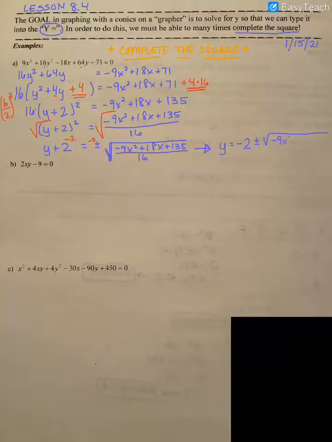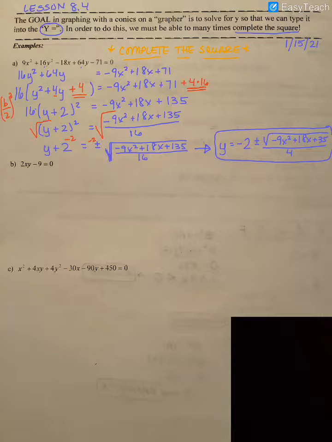So square root of negative 9x squared plus 18x plus 35, and then put that whole radical over 4. Because this is something we are entering into the calculator, there are several different ways you could leave this. This right here would probably be one of the best ways to leave it. We have y equals negative 2 plus or minus the radical over 4.